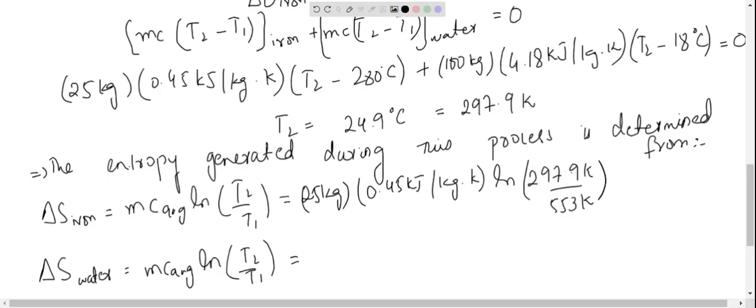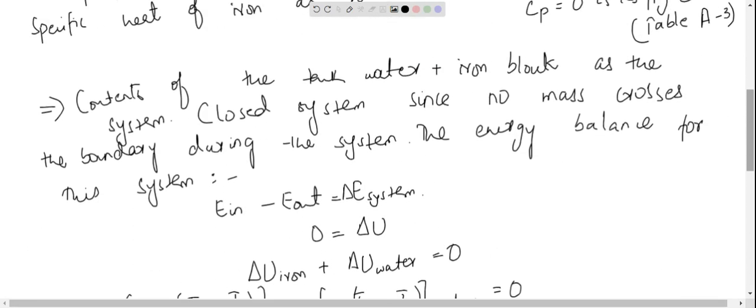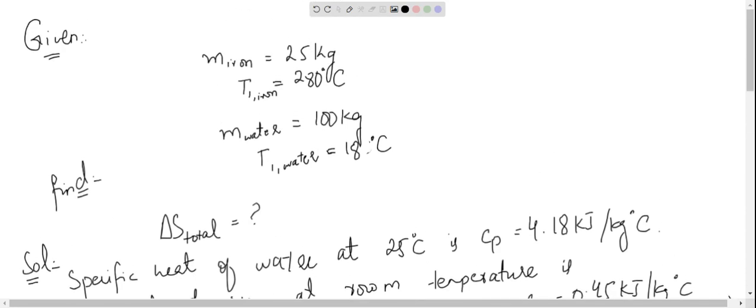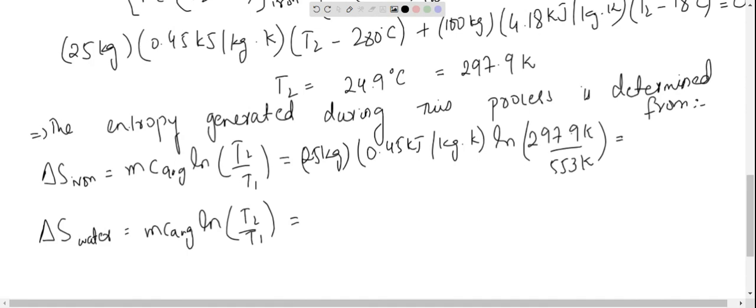So we convert our temperature from degrees centigrade into Kelvin. By solving this, it equals minus 6.961 kilojoule per Kelvin.